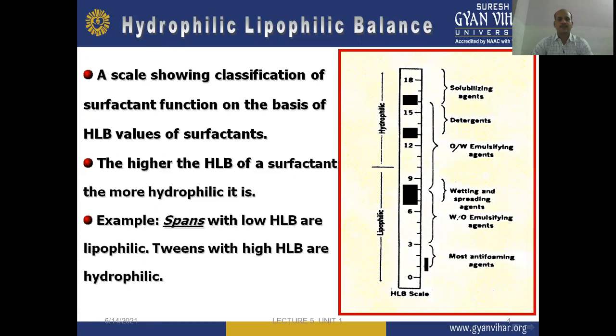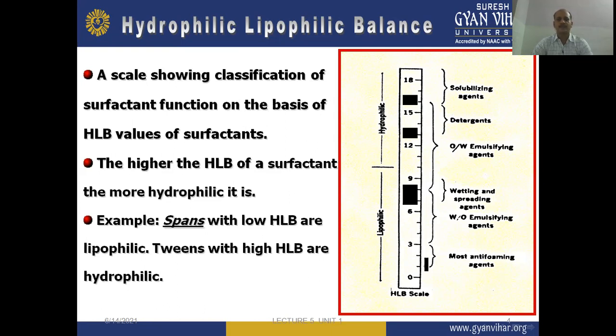So, surface active agents are classified on the basis of the hydrophilic, lipophilic balance scale. Once the HLB value is more than 10, it can be classified as a hydrophilic surfactant.